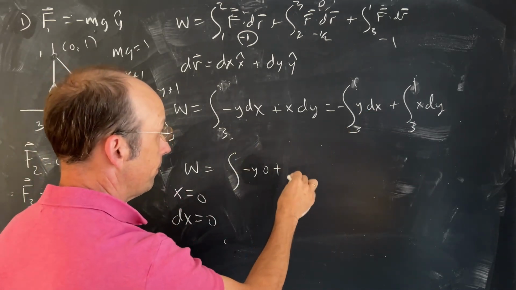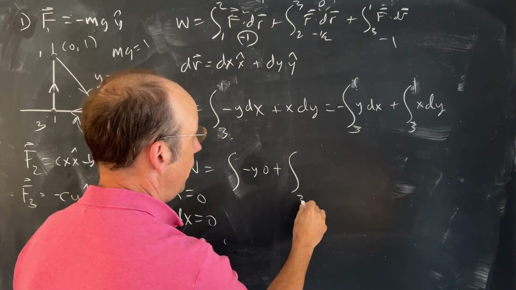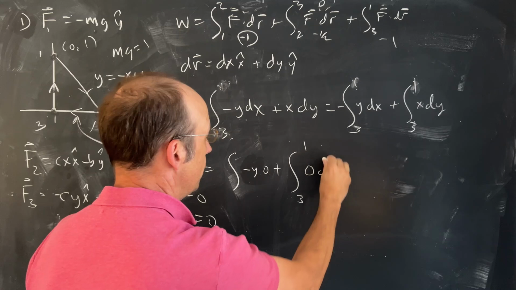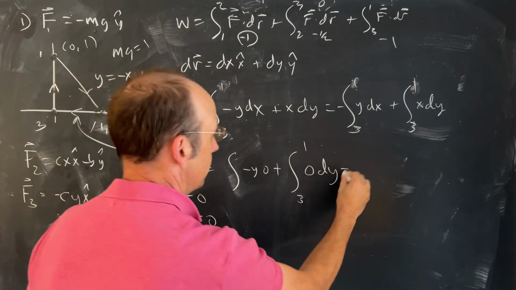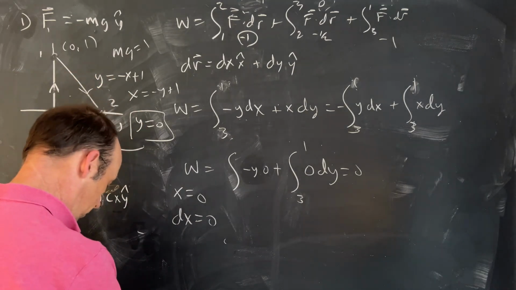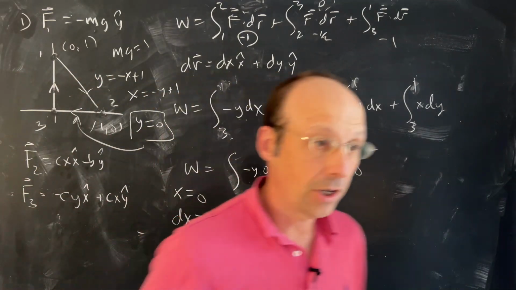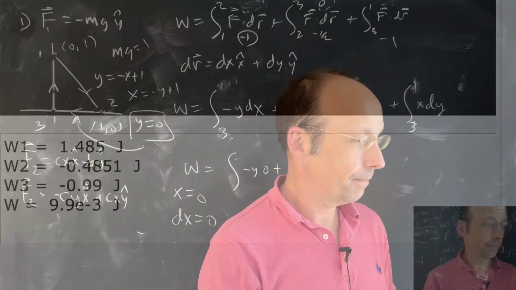This one's going to be plus the integral from 3 to 1 of 0 dy. So it's also 0. So the whole thing is -1. But is it? Okay, let's go to Python.